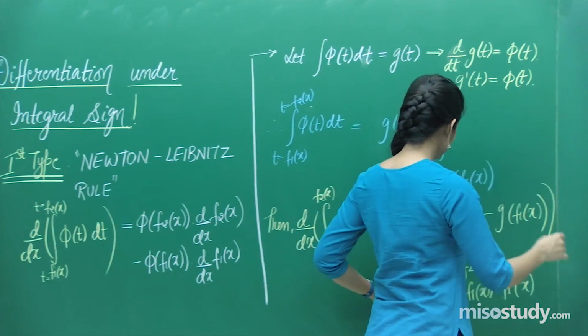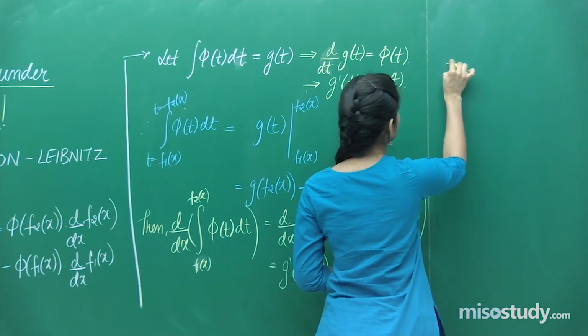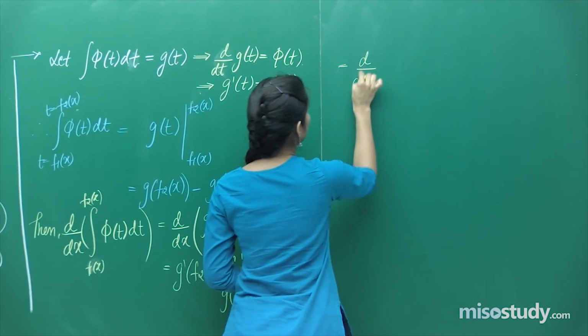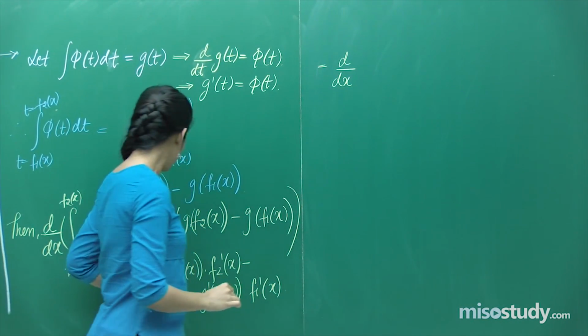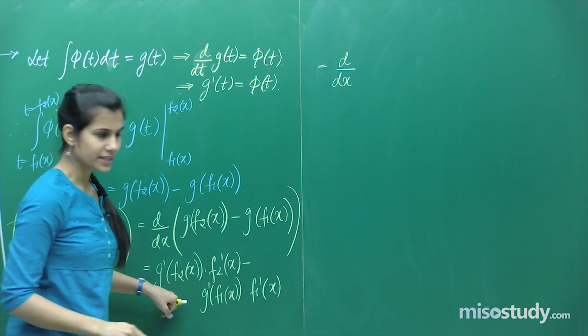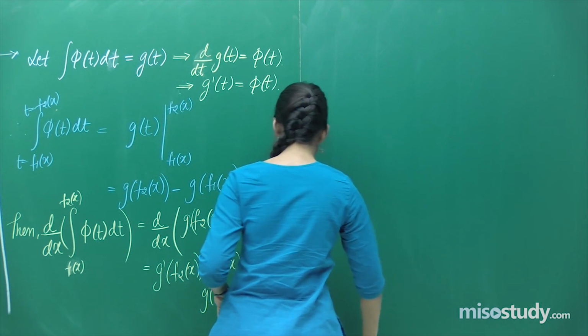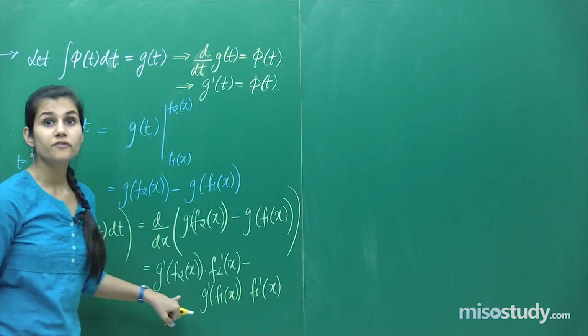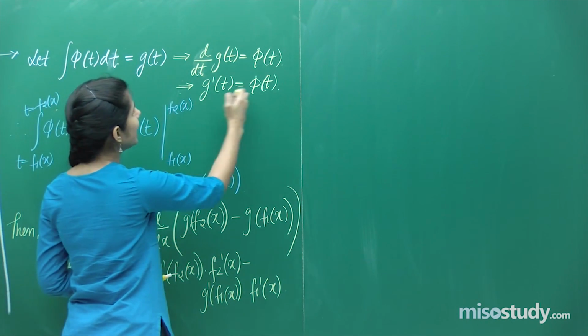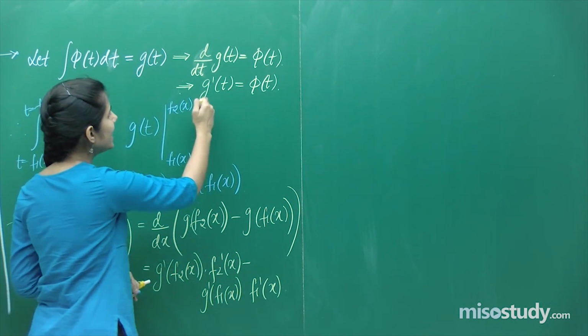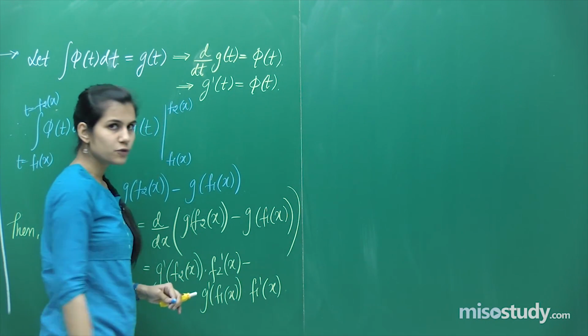Which is what? If I talk about G'(f2(x)), what is G'? I know G' is phi. So G' of f2(x) will be phi of f2(x).